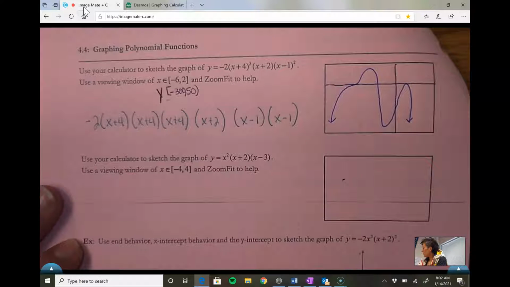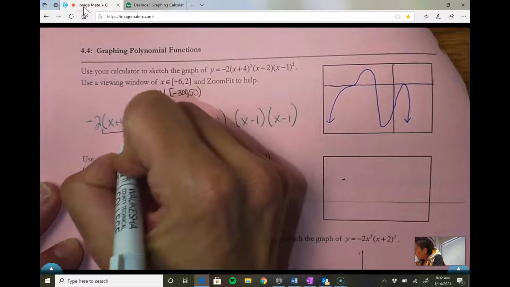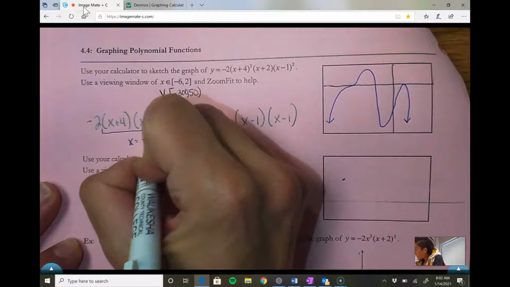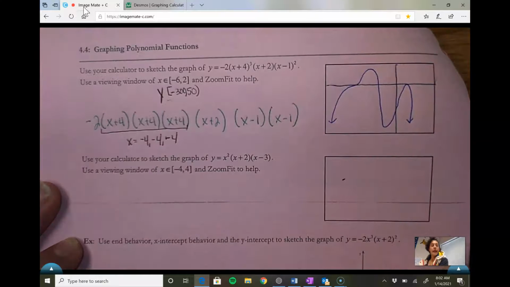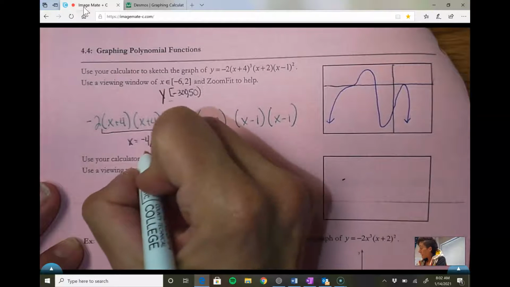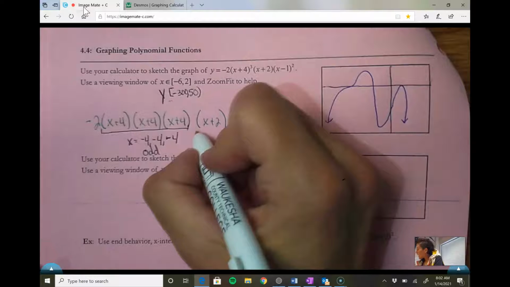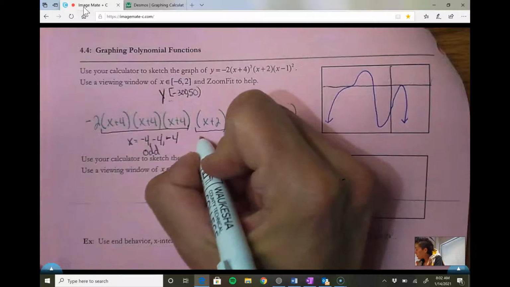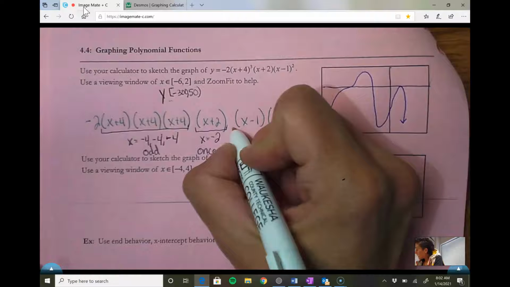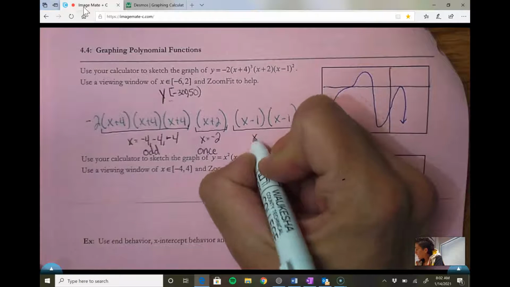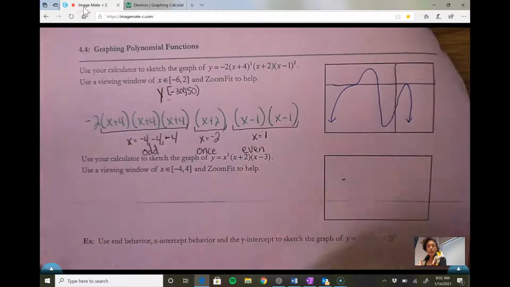When I go to these x plus 4s, all 3 of them, I get -4 showing up 3 times. What I want you to focus on is that it shows up an odd amount of times. When I get to x plus 2, it just shows up once. And when I get to x minus 1 and my answer is 1, it shows up an even amount of times.